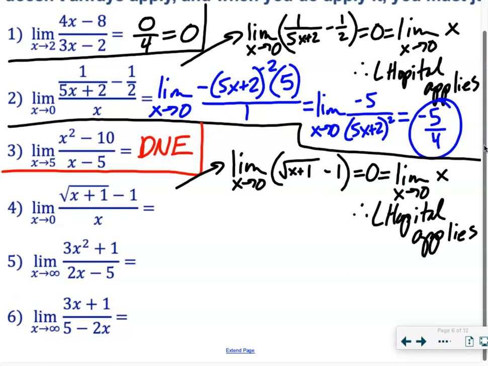All right, does everyone have their justification written? Right? Limit of the top equals 0, which equals limit of the bottom. Everyone okay with that? Therefore, L'Hopital applies.